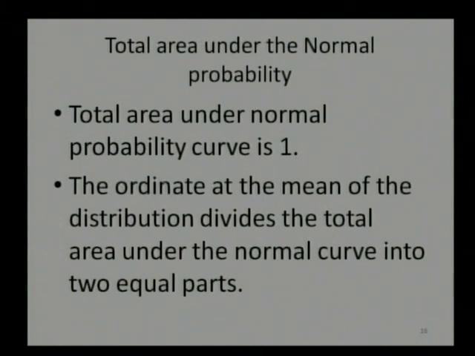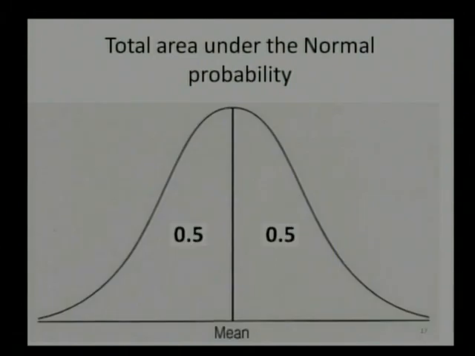Again, the ordinate at the mean of the distribution divides the total area under the normal curve into two equal parts. Let us see here, from the ordinate of the mean, the total area is divided into two identical parts, or you can say it generates a mirror image from the mean.